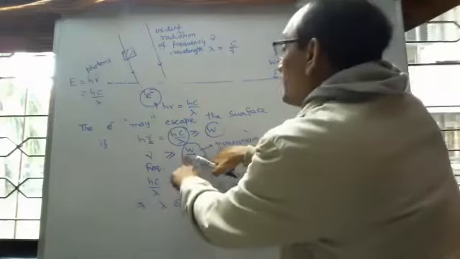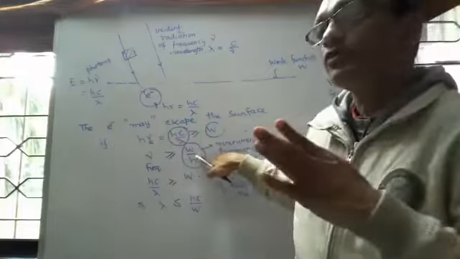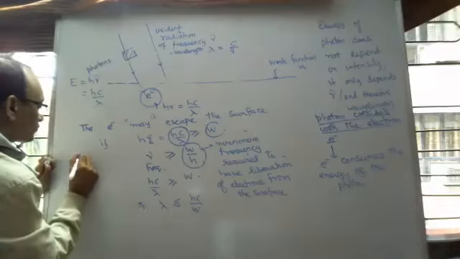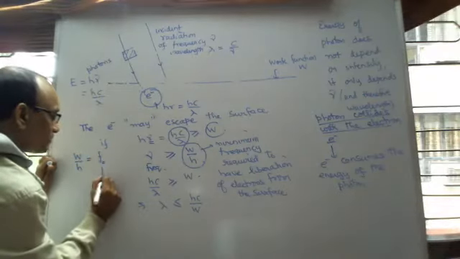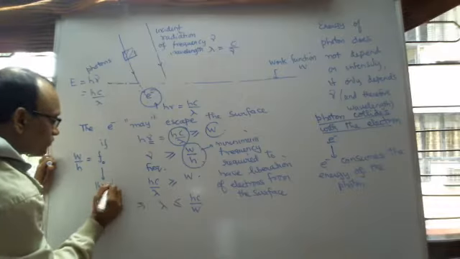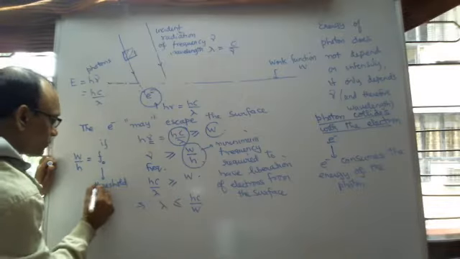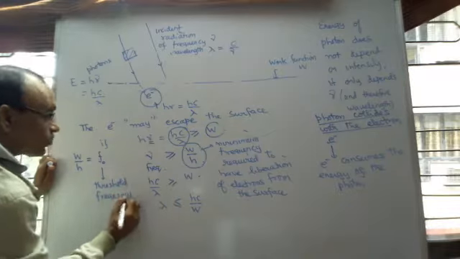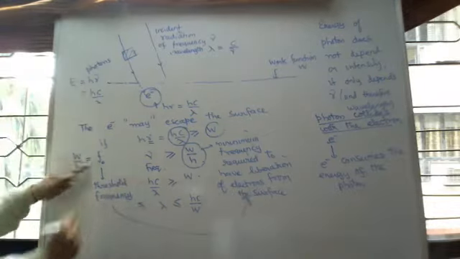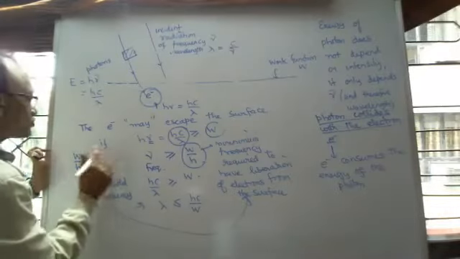इस frequency W by H को threshold frequency बोलते हैं. This W by H is called threshold frequency. Which is the minimum frequency. ये gamma naught बोलते हैं इसको.